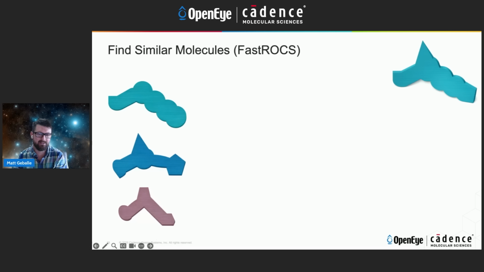If we wanted to find our strange query shown in the top right, the first thing that we do is a simple FastROCS search to ask what other similar molecules can we find that are like this query? That FastROCS search can be done on the sampled products from the library that we built into our search library, or it can be from a search of any other enumerated library.